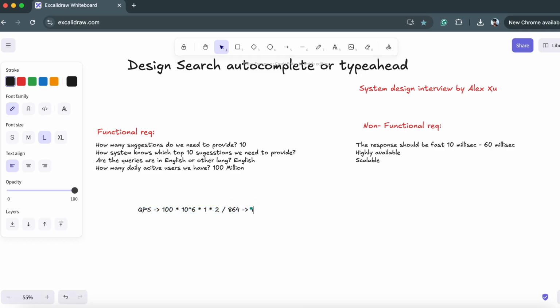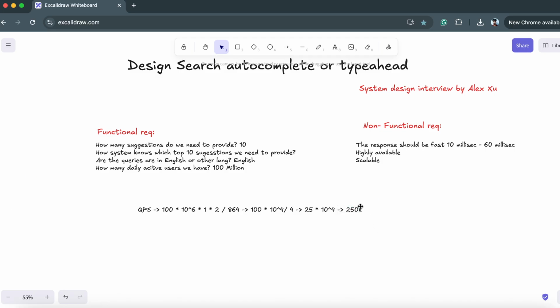I can write it as 100 into 10 to the power of 4 divided by 4. Dividing 100 by 4, we get 25 into 10 to the power of 4, approximately 250,000. So it is 250k queries on average.